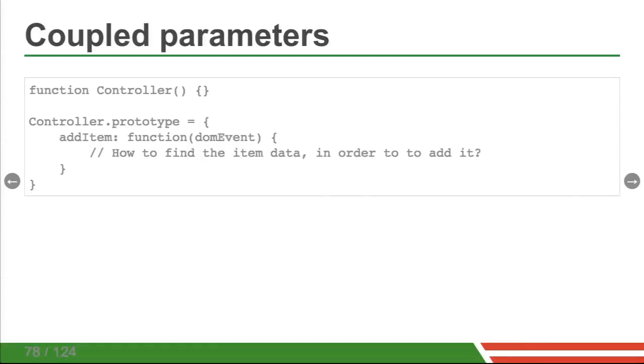So if we write the controller this way, we have to do some work, right? We have to go find that item somehow, which means we probably need to look at the DOM, right? All we have here is the DOM. So maybe there's an ID or a hash code stuffed into the DOM somewhere, and we have to go find it. But as soon as we write code to go find it, we're dependent on how that ID was put into the DOM, right? So we just shot ourselves in the foot again.